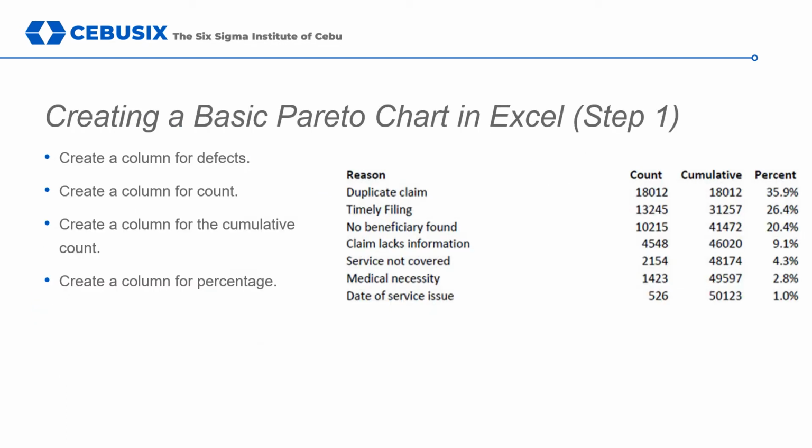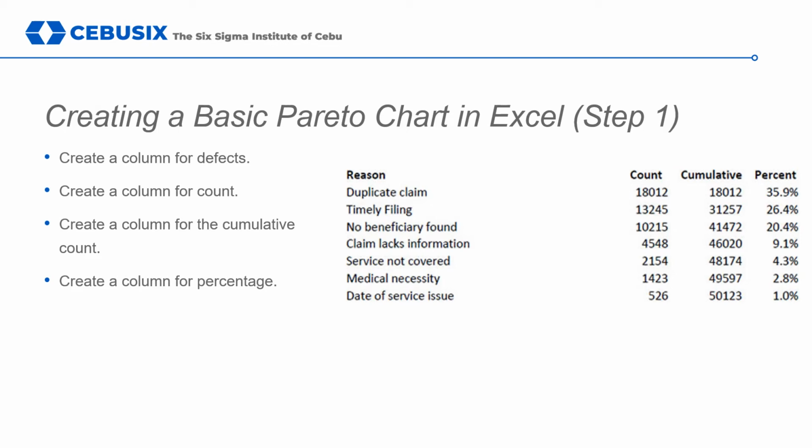Even if you don't have statistical software, you can still create a basic Pareto chart in Excel. Of course, it may take an extra few steps to create it than it would using a program like Minitab, but at $1,600, most people cannot afford to purchase their own copy of Minitab. To create a Pareto chart in Excel, we start by creating a column for the data labels.